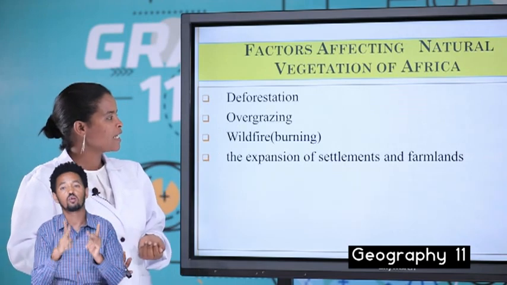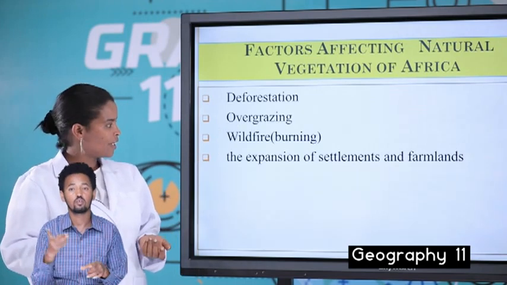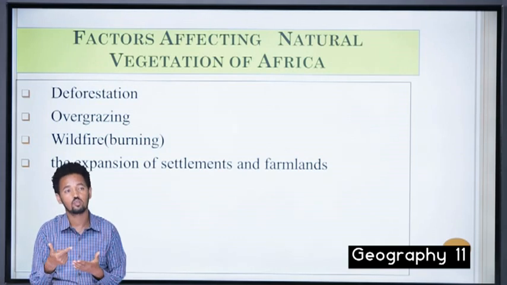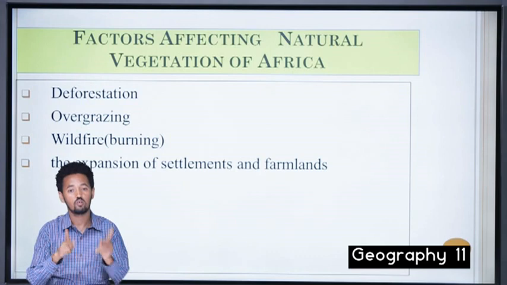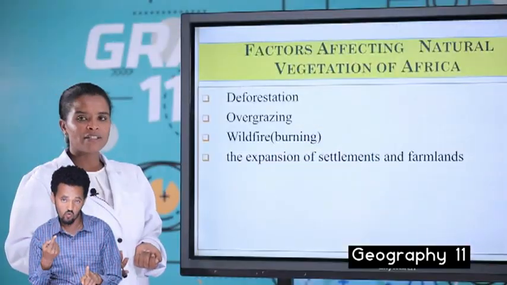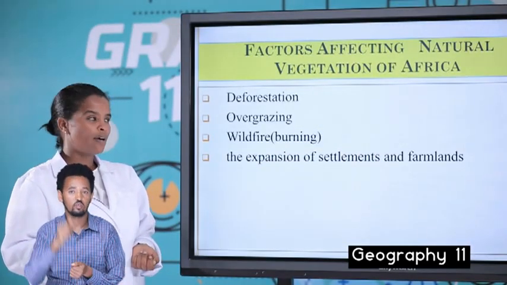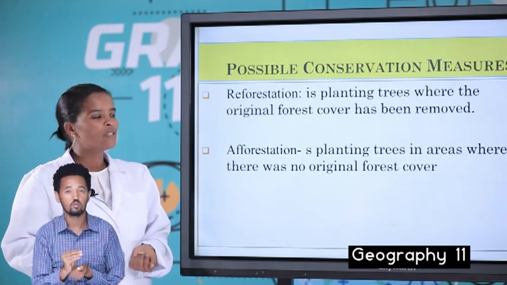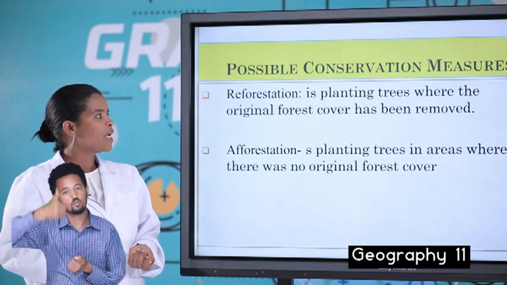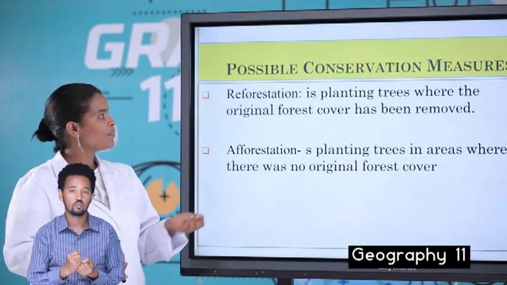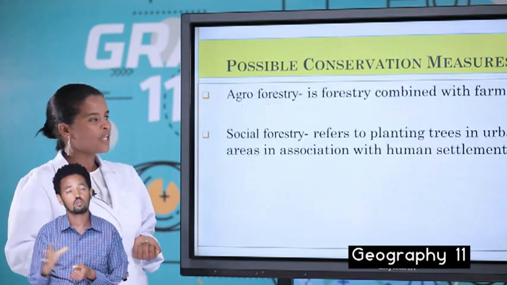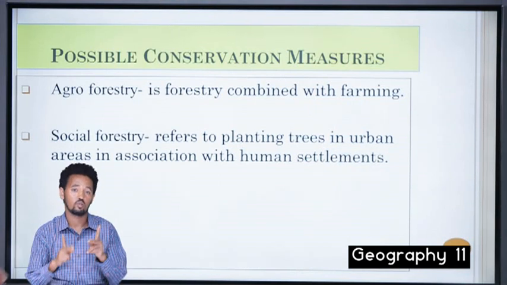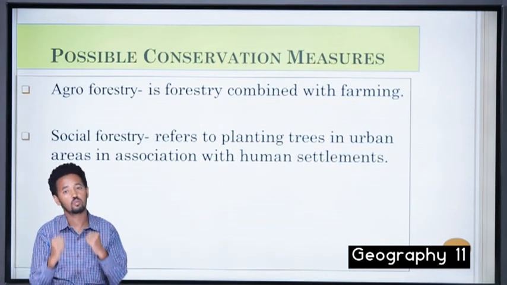And the second factor is overgrazing, wildfire, and also the expansion of settlement and farmland, which are the main reasons for the factors affecting natural vegetation of Africa. What are the possible conservation measures? The possible conservation measures are reforestation, afforestation, agroforestry, and social forestry.